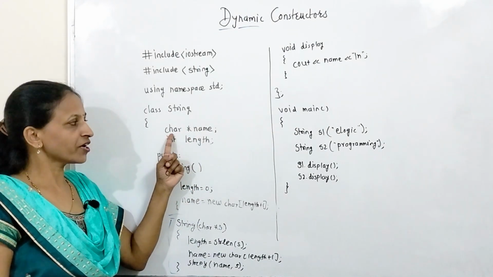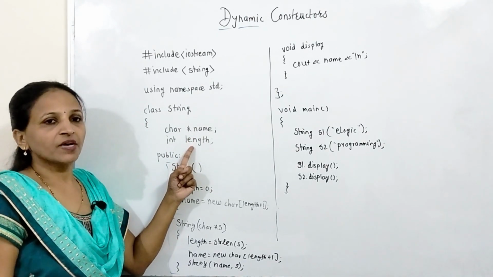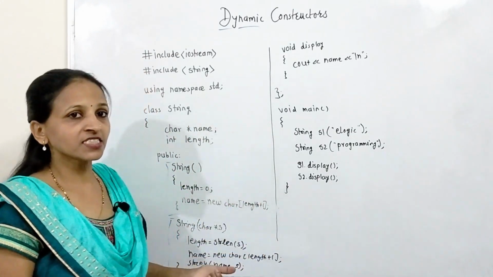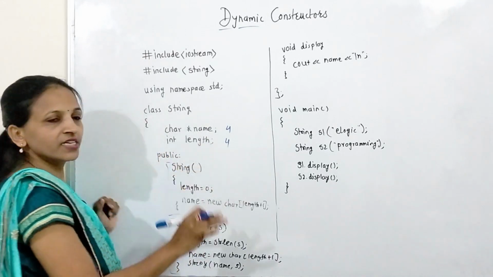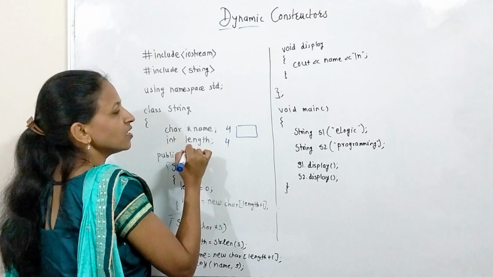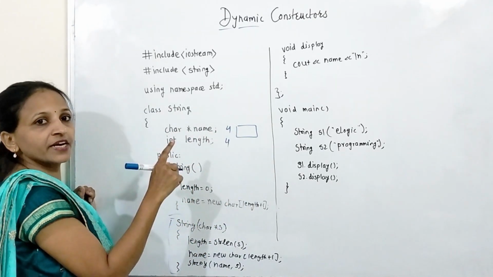Getting? Means this is a pointer to character and this is an integer variable. For each and every object of this String class, how many bytes will get reserved? See here, 4 for that char star and 4 for that int data type. Getting? Means this will hold an address. This is a pointer. See, char star means pointer to character.